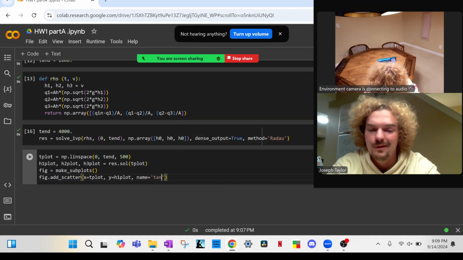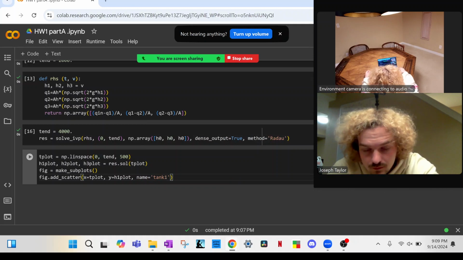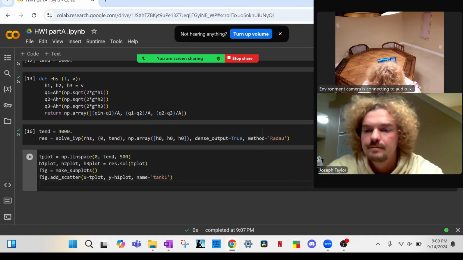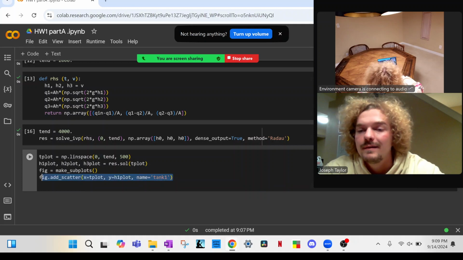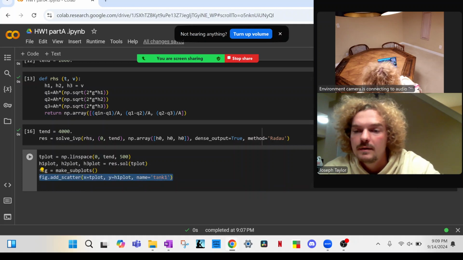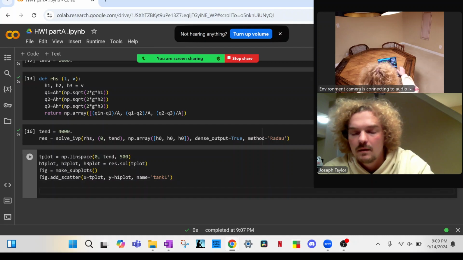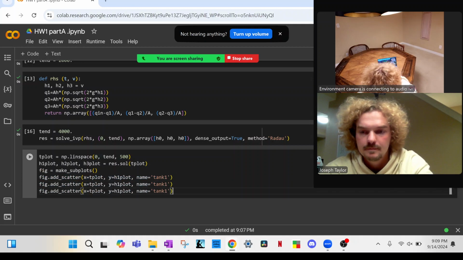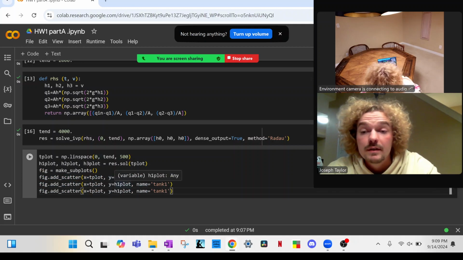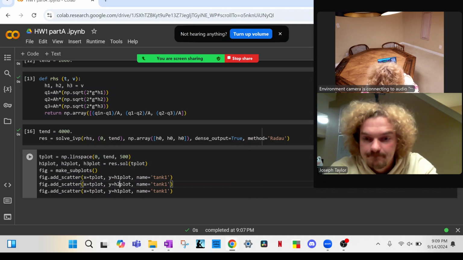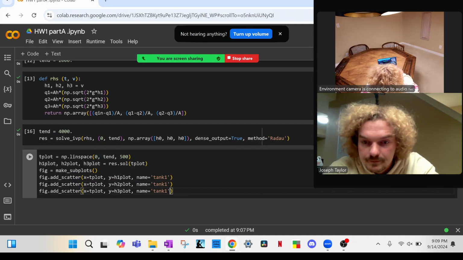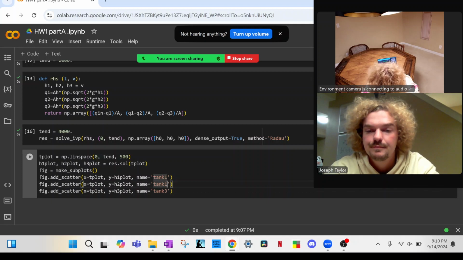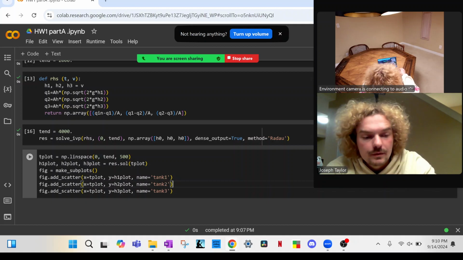And we're just going to do tank 1. Enter. And this is another one that we can just copy and paste. And then we just have to change these. Looks right to me.